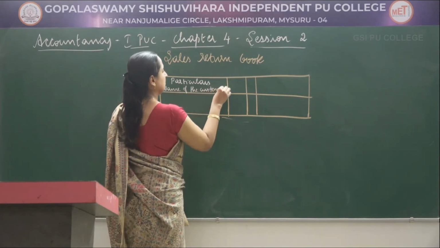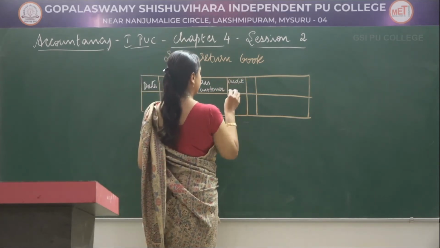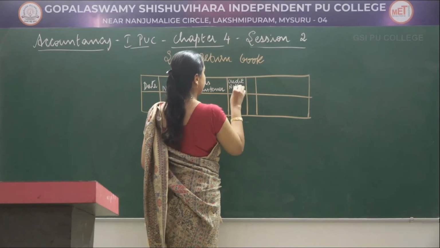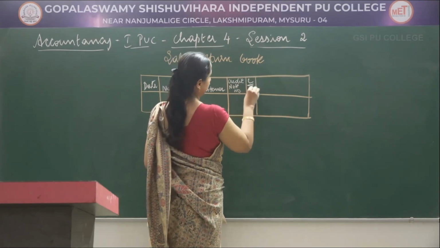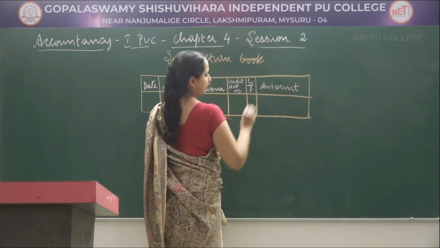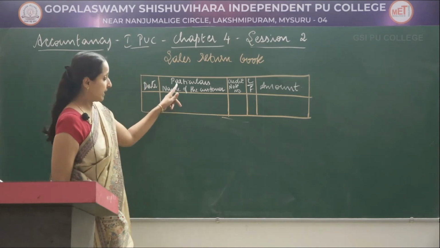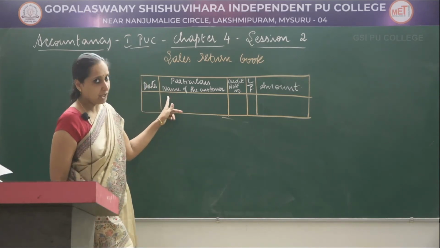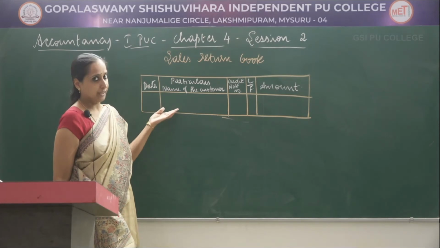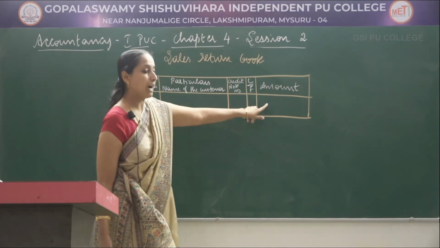This is credit note number. Here we write ledger folio and this is the amount column. So this is the format relating to sales return book. Here we write the date, this is particulars where we write the name of the customers who have returned goods to the business, and this is credit note number, this is ledger folio and amount.